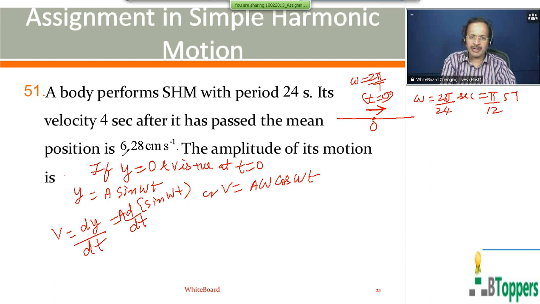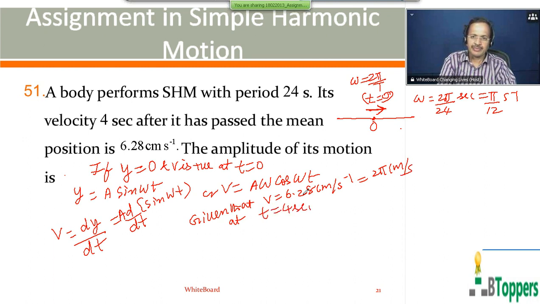The velocity is given as 6.28. So given that v equal to 6.28 centimeter per second, that is nothing but 2 pi centimeter per second at t equal to 4 seconds.